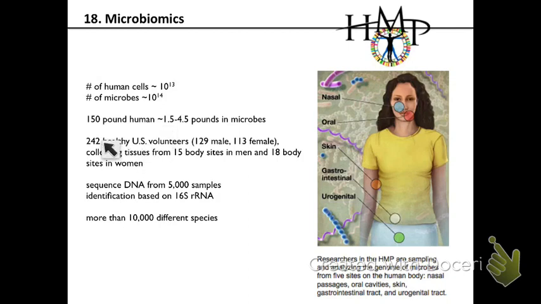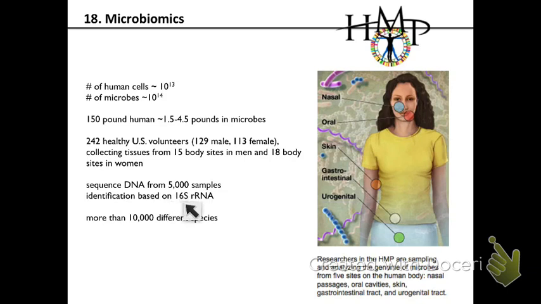So in this study, what they did is they took 242 healthy U.S. volunteers, this many male, this many female, and collected tissues from 15 body sites from men and 18 body sites from women. Then they sequenced the DNA from 5,000 samples and identified the bacterial genus, right?